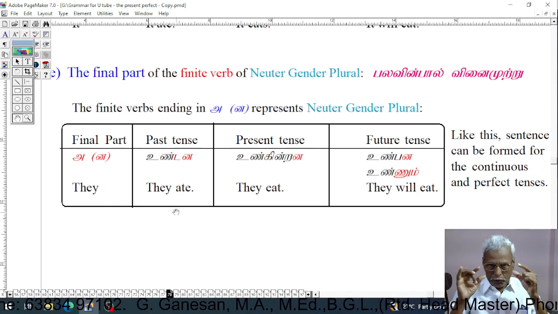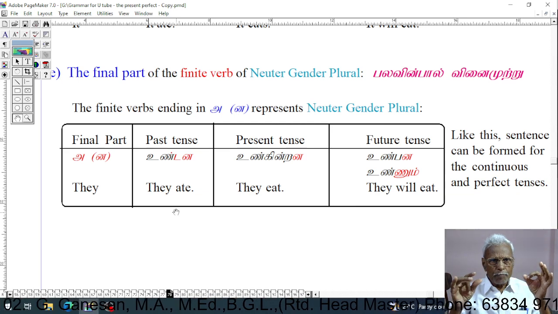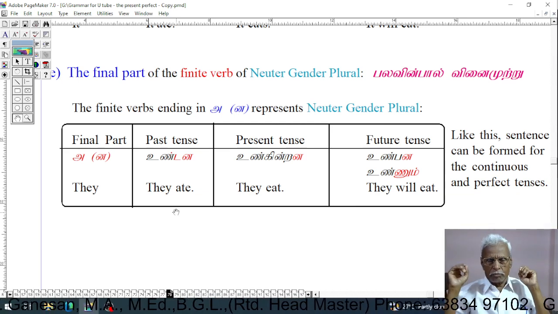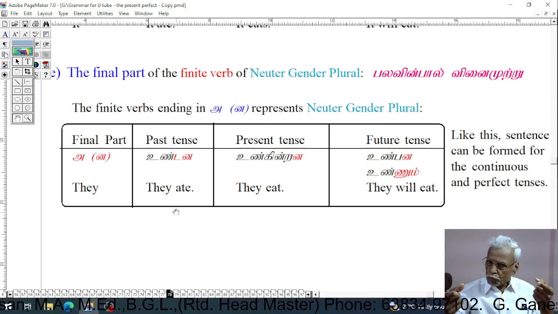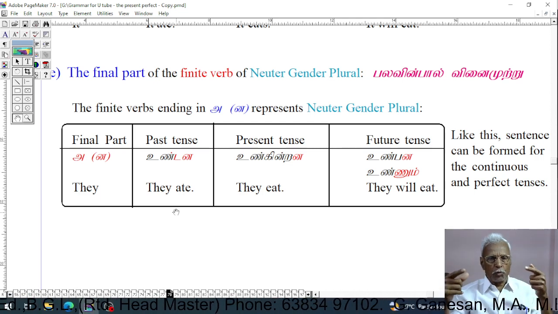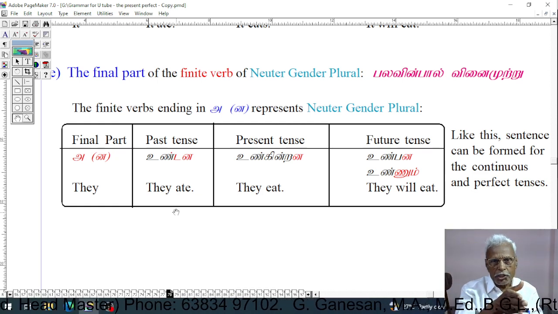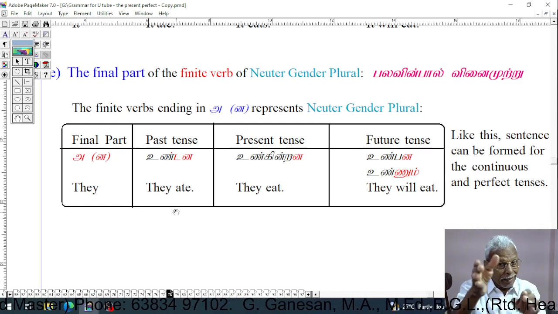Normally the finite verbs ending in na represent neuter gender plural. That is, if we want to talk about the neuter gender plural, we should finish the verb with na.